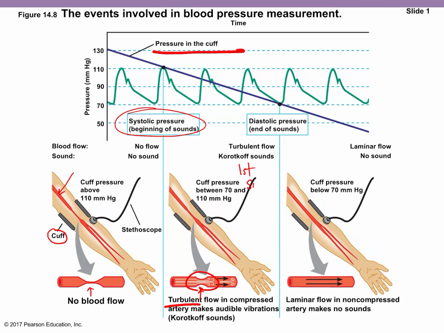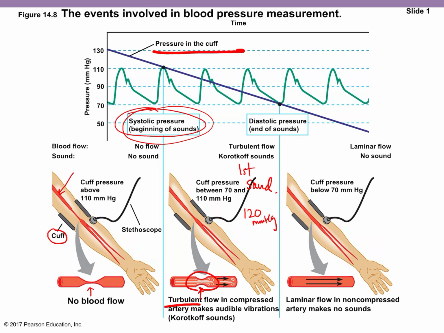That is the point at which you take your first number. It's the first sound you hear, and it's read on the pressure gauge. It's the higher pressure, your systolic pressure. Normal systolic pressure for an adult is about 120 millimeters of mercury.